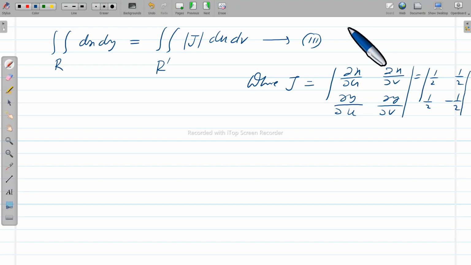Please check, because you already know from the previous slide x equals (u plus v) by 2 and y equals (u minus v) by 2. So del x del u is 1 by 2, del x del v is 1 by 2, del y del u is 1 by 2, and del y del v is minus 1 by 2. So ultimately, how much is it coming?